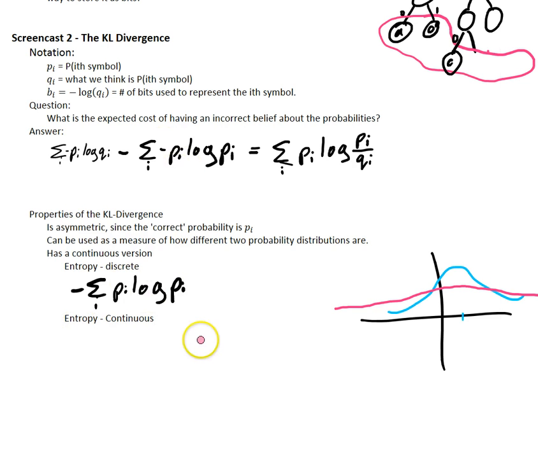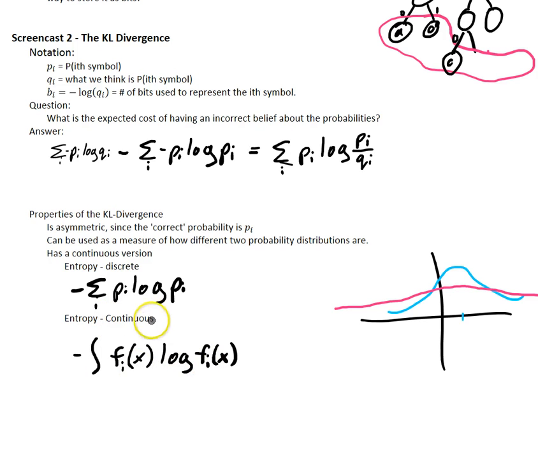It's just going to be the analog of this, except we're going to do the integral over whatever the range is, and the probability will be replaced with the density function. So negative integral of f(x) log f(x).